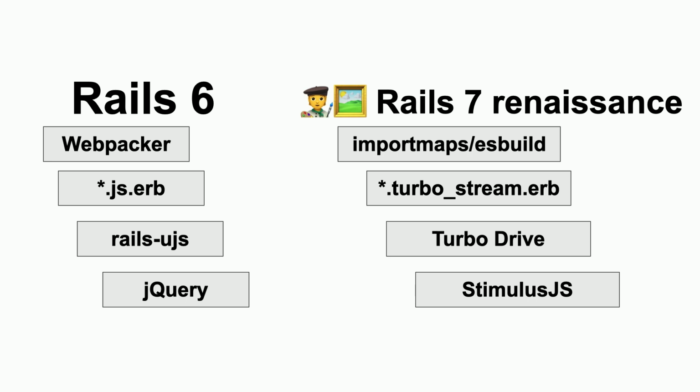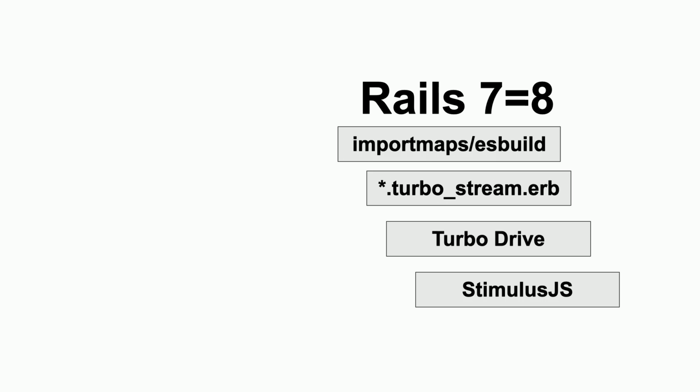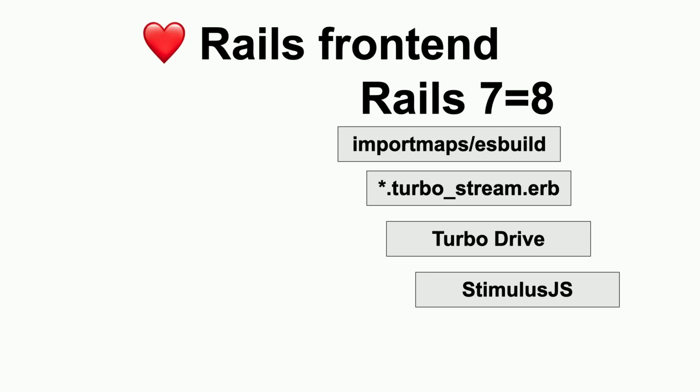And instead of using jQuery, we have Stimulus that feels more fluent for Rails developers. And I guess the frontend isn't changing much between Rails 7 and Rails 8. Really, if something is changing, it is that in Rails 7 you are using Sprockets for delivering assets, and you're going to use Propshaft. That is just a slimmed down Sprockets, but everything else on the frontend is staying more or less the same.